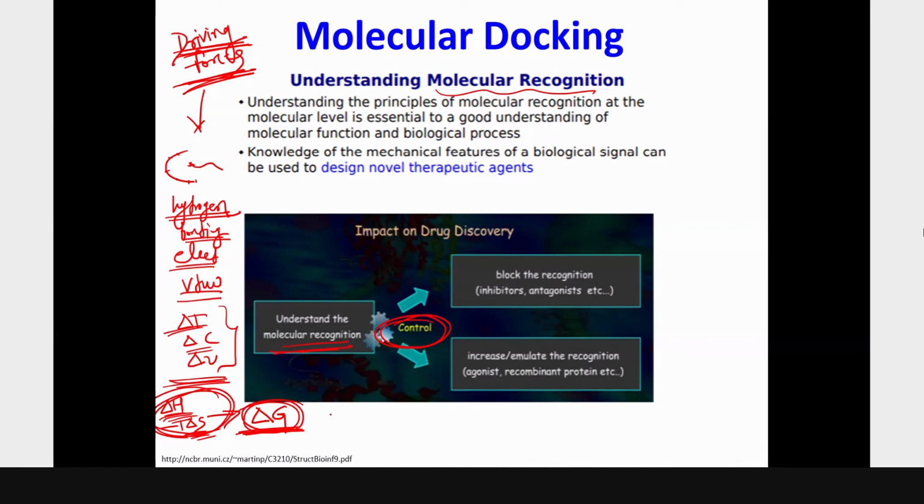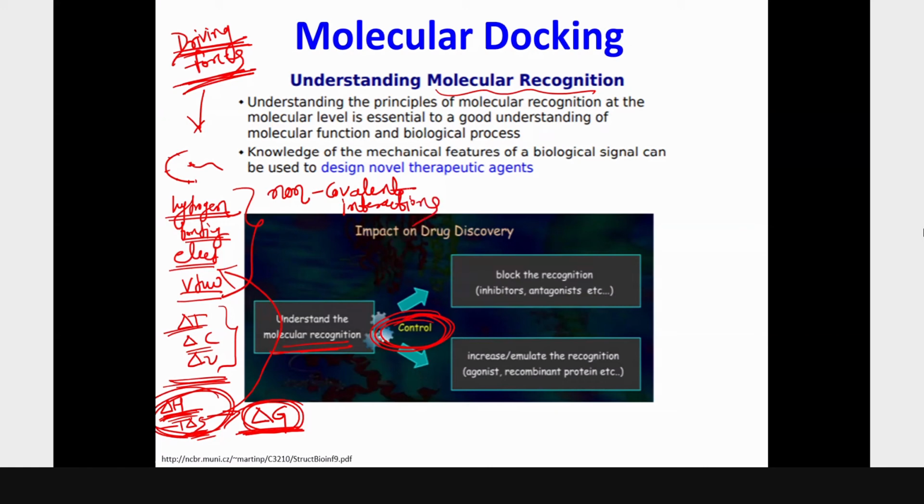reactors. So some kind of molecular engineering you are doing, as you know how these different parameters come into the picture, which are related to hydrogen bonding, electrostatic and van der Waals interactions, which in short we can call non-covalent interactions. What is the meaning of non-covalent interactions? Which are not covalent.